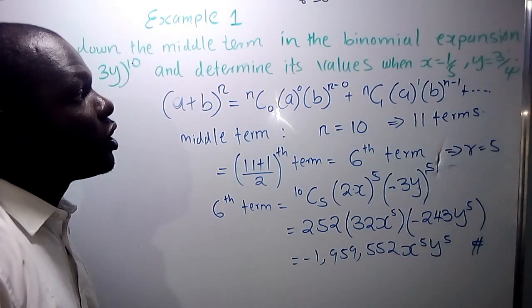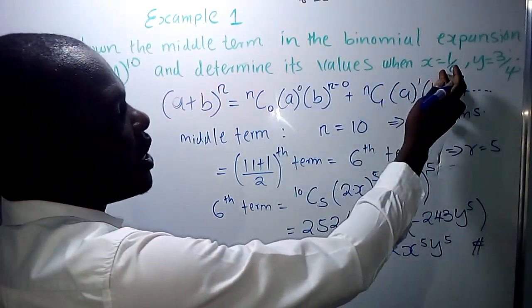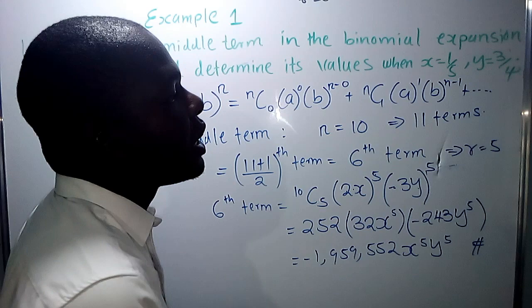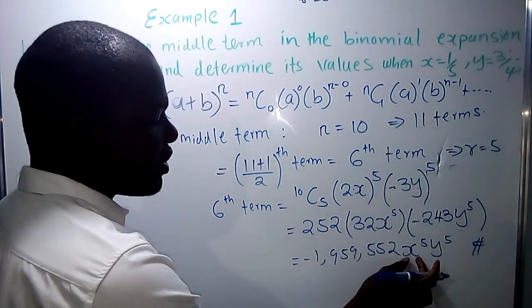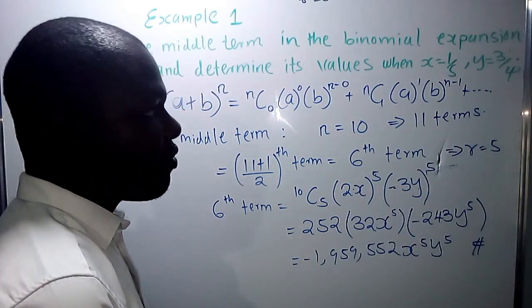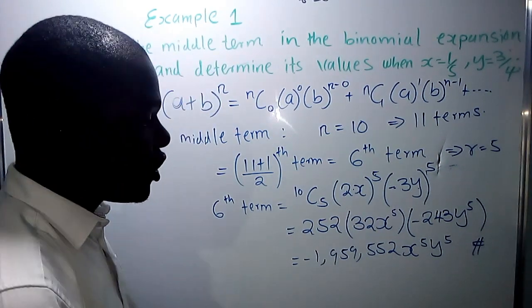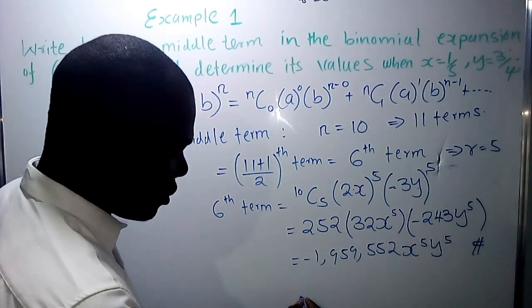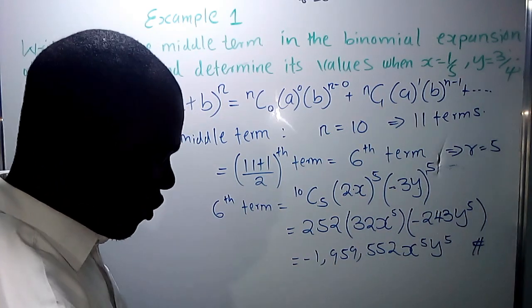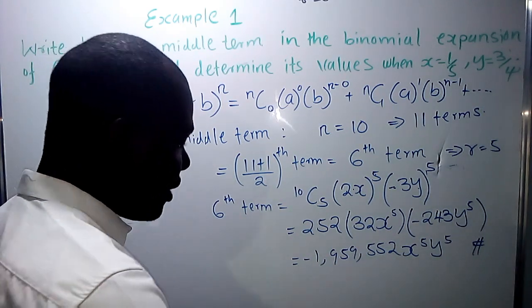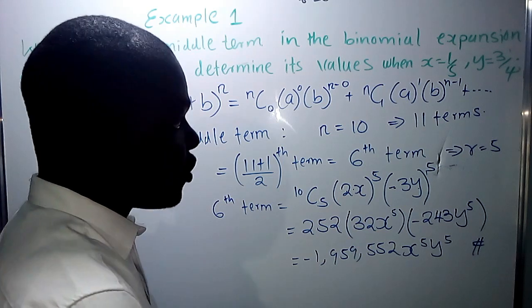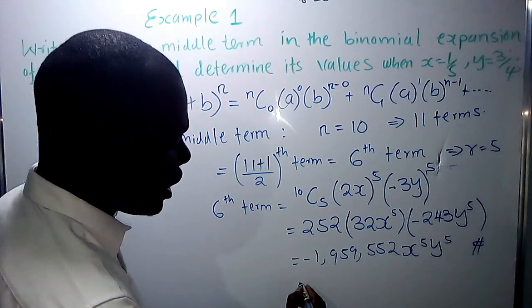Then you are told to determine its value when x is 1/5 and y is 3/4. Where there is x, we substitute 1/5, and where there is y, we substitute 3/4.